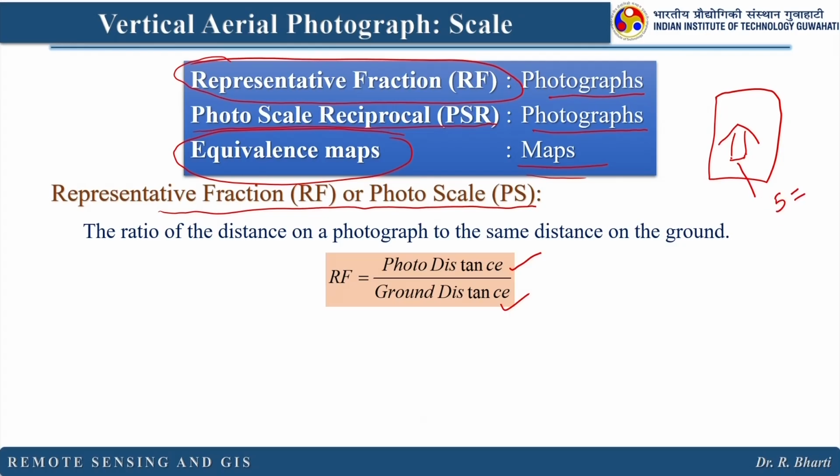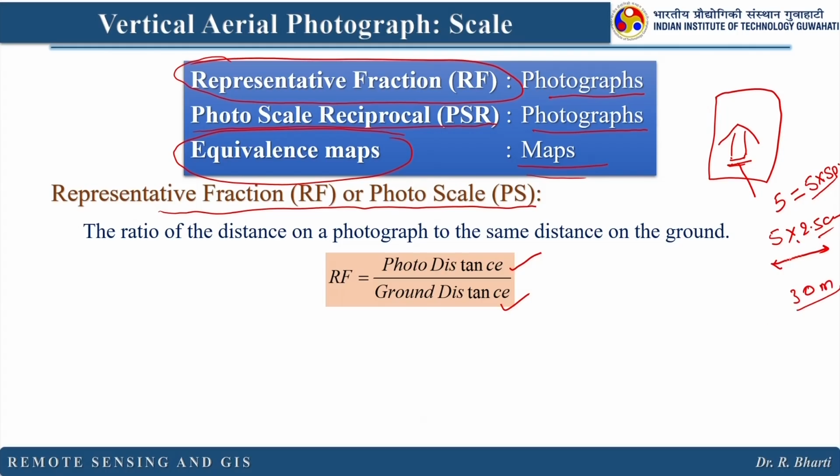So 5 pixels means 5 times the spatial resolution. If that is 5 into 2.5 centimeter spatial resolution, that will be your distance on the image, and on the ground you can easily measure this. Let us say this is 30 meters.